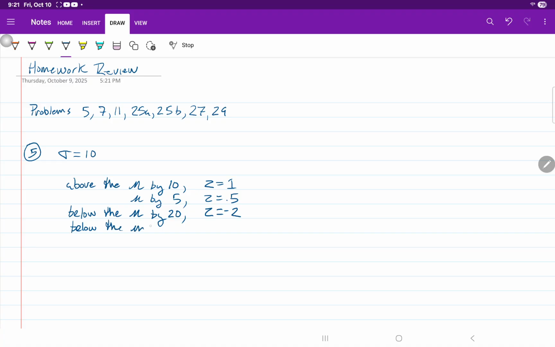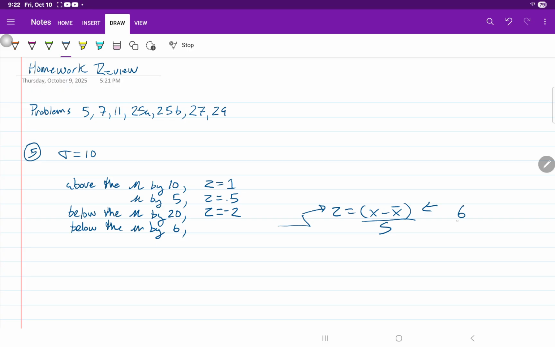And then finally, below the mean by how many points? By 6 points. So for this one, we actually have to do a little bit of a calculation, and the calculation is a bit tricky. Remember, our formula for z equals a given value minus the mean divided by the standard deviation. We don't know what the mean is here, but this statement, below the mean by 6 points, essentially is a summary of the numerator.